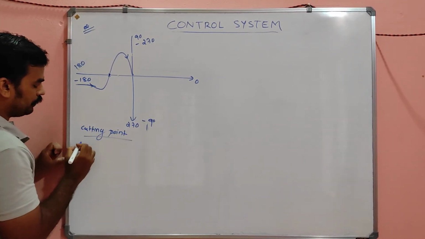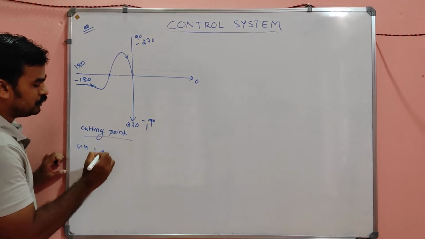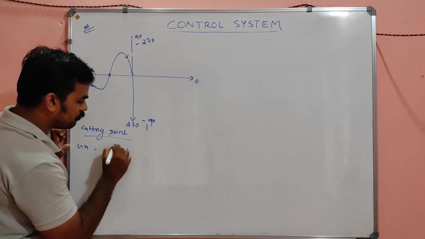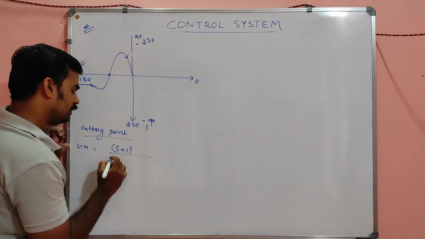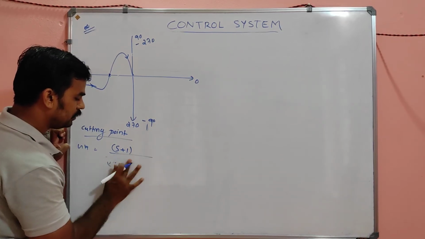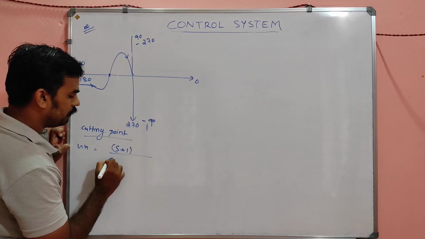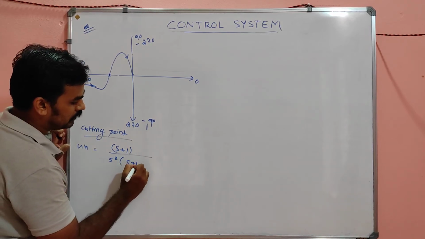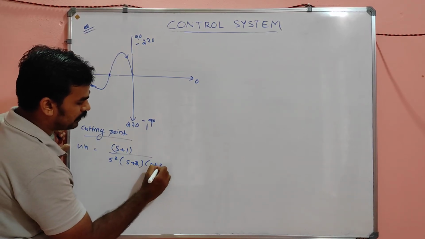What was the step for finding the cutting point? Draw the GH. GH was nothing but s plus 1 divided by what, dear? j omega square, or simply s square into s plus 2 into s plus 3. Am I correct, my dears?